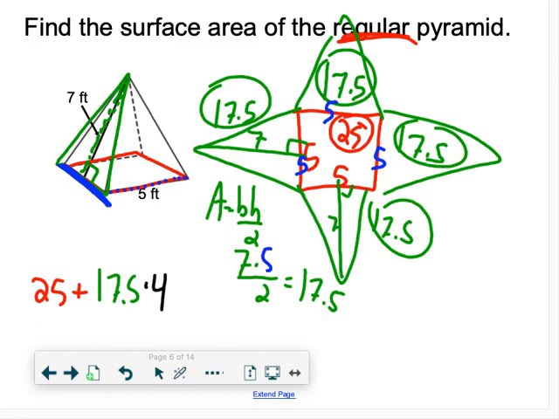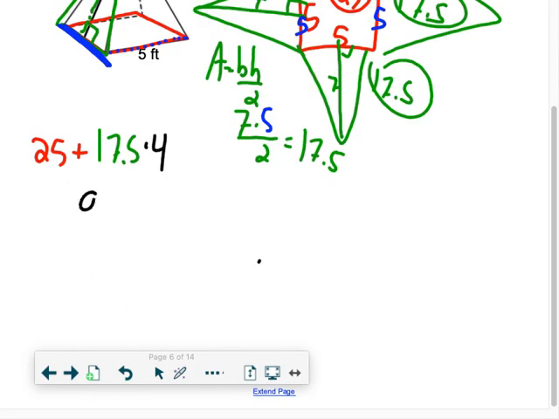It doesn't matter. You just have to be careful with the decimals, with the math. But when you take care of all of that, when you add them all up, that's where we get 95 feet squared. The answer cannot just show up. You must be able to use a net to find it.